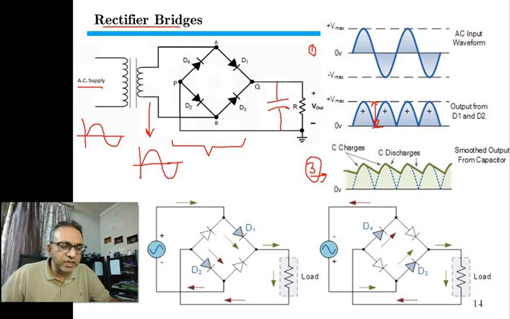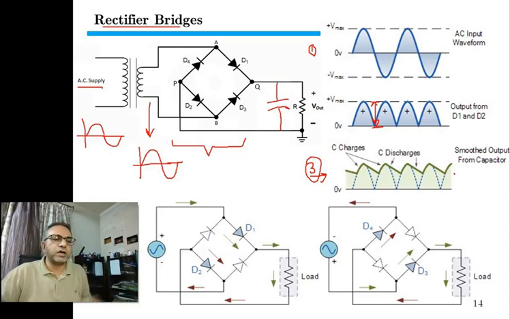And then we see a bold green colored waveform. This is the output voltage while using a capacitor. If we remove this capacitor, we will get the dotted lines. And if we use this capacitor, we will get the bold green colored waveform.